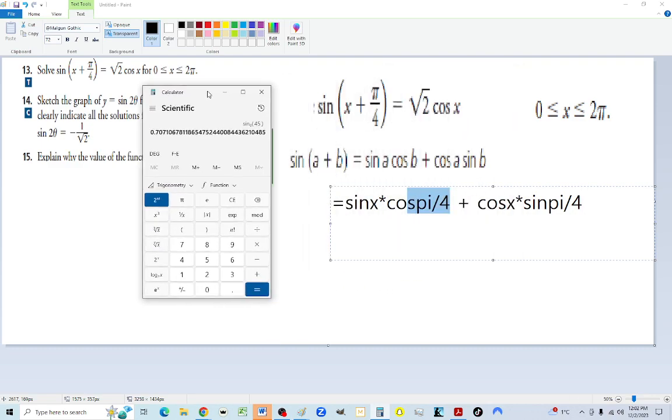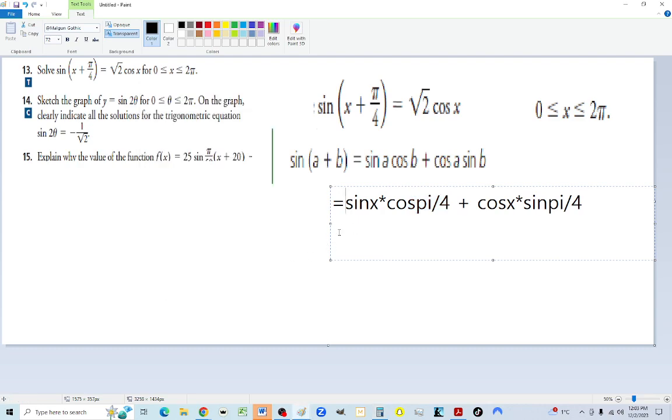So 0.707, that's 1 divided by square root of 2. Okay, so we're going to write that. It's equal to 1 over square root of 2 times sine x plus 1 over square root of 2 cos x. So far, that's the left side.